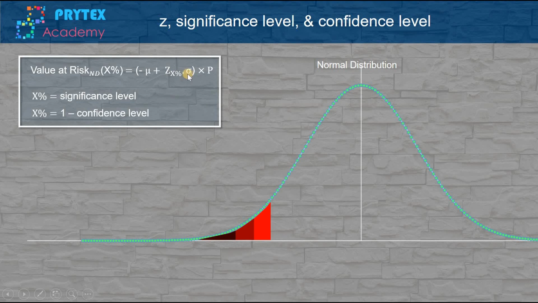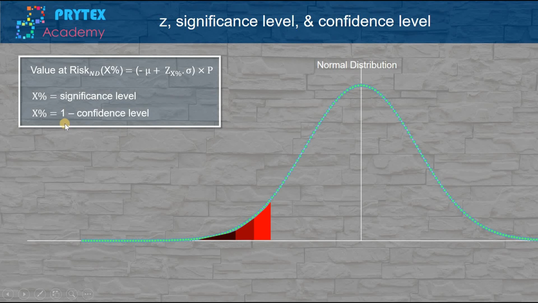And if we know the sigma, that is the standard deviation, and the portfolio value, then we'll be able to calculate the value at risk at the X% significance level. We discussed confidence level in the previous slide.